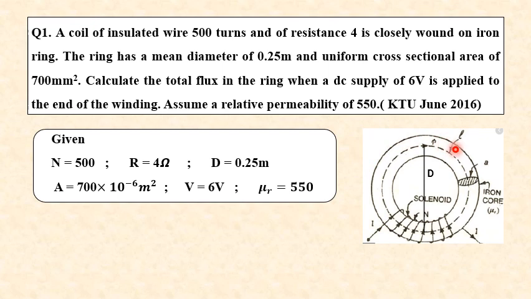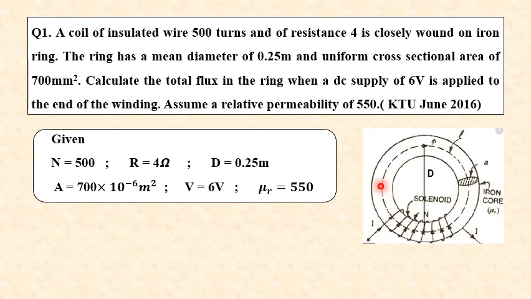By looking into the figure, we can see that the flux is only having one path to flow. So this circuit is a series magnetic circuit. Hence, for a series magnetic circuit, the total MMF will be equal to sum of MMF. But here there is only one material, that is your iron ring.